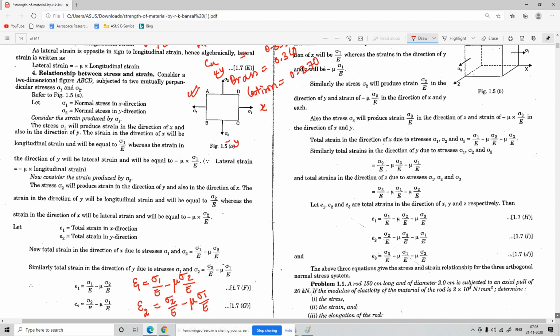So note down this figure and write down this formula.